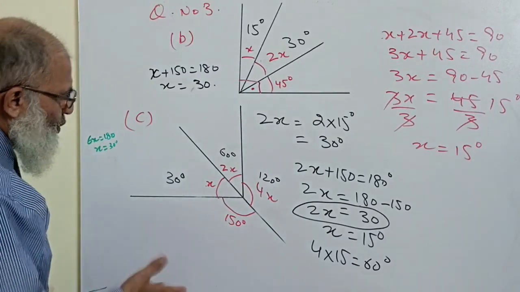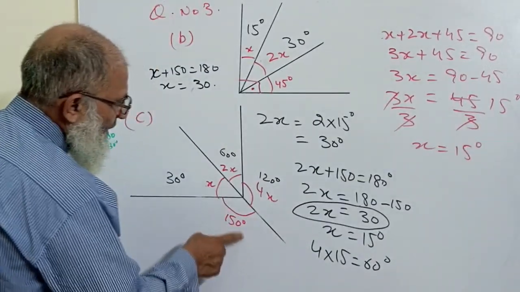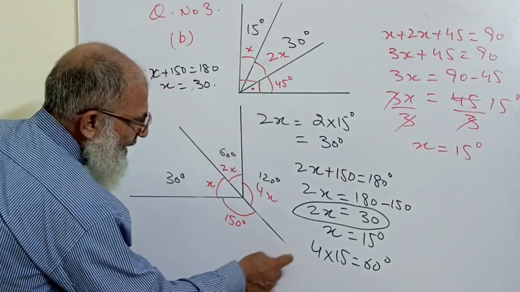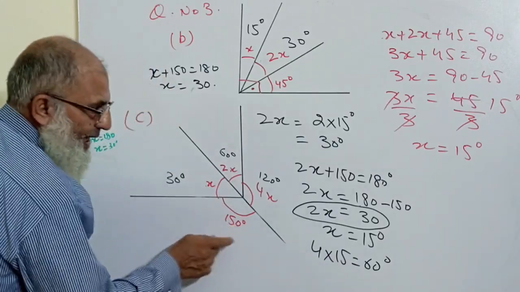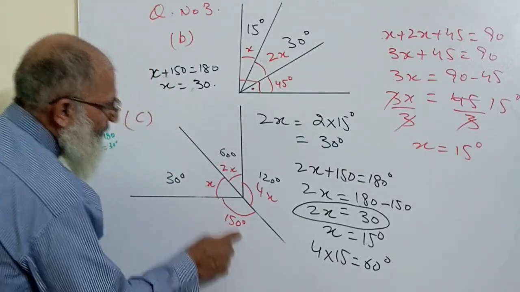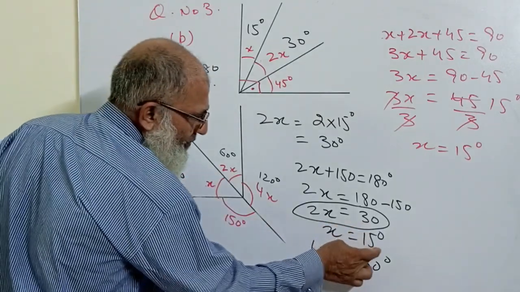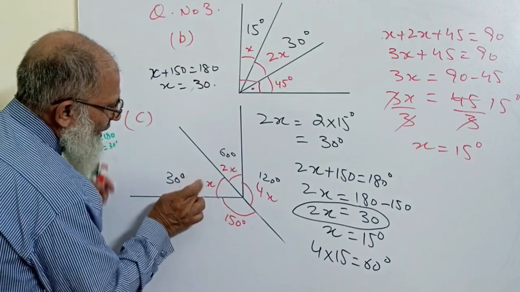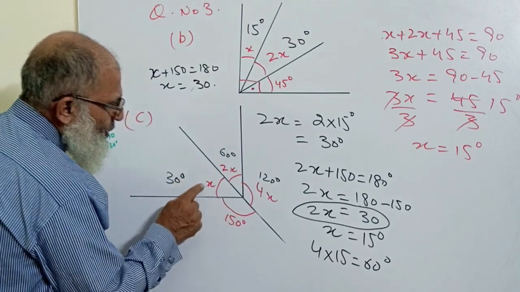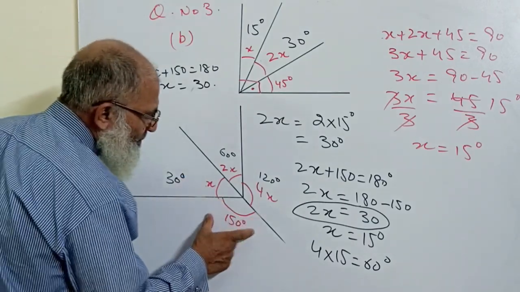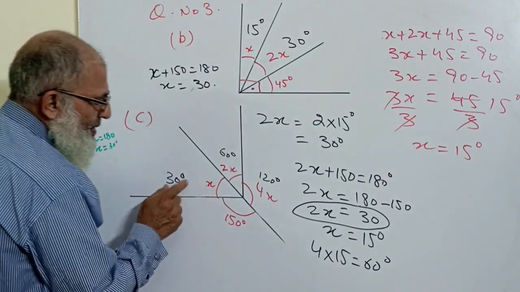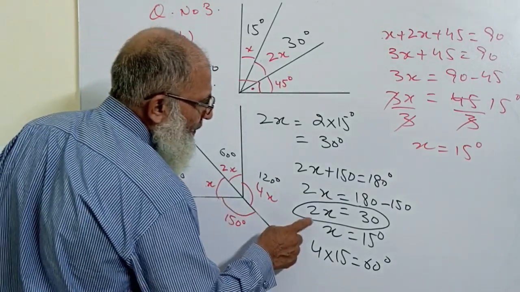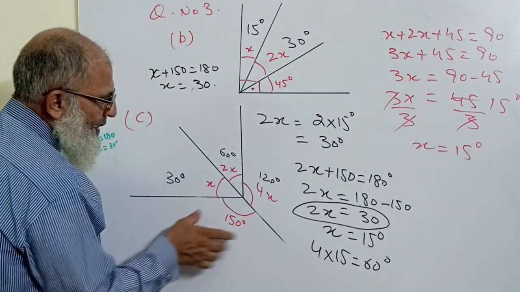I was also wondering why the same line here is supplementary and consists of 150 plus 15 when I found it as x. Now it was given 2x, so it means 150 plus 30.